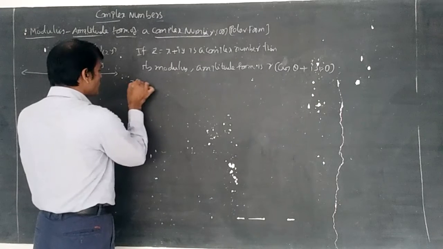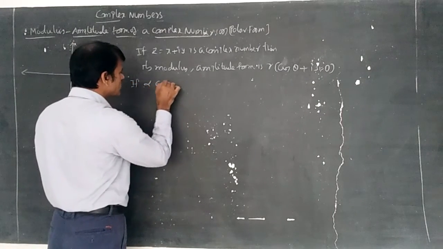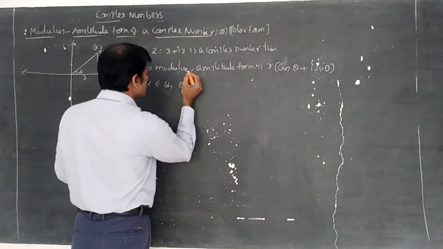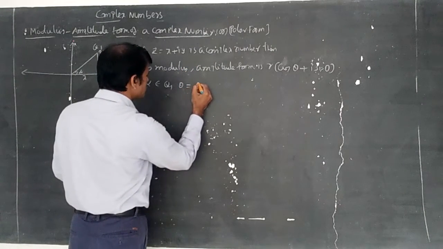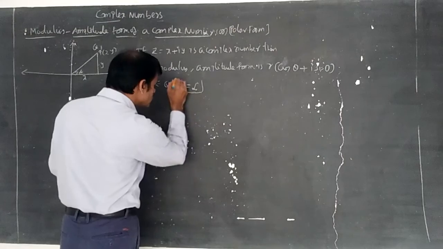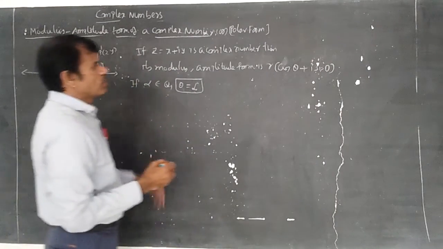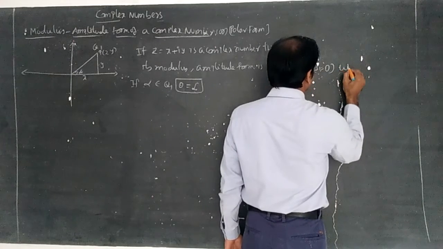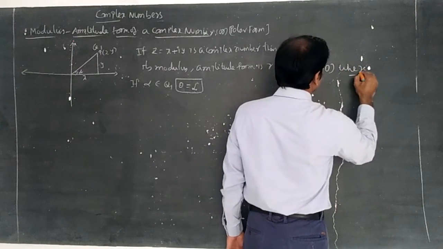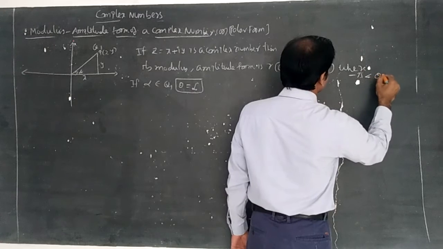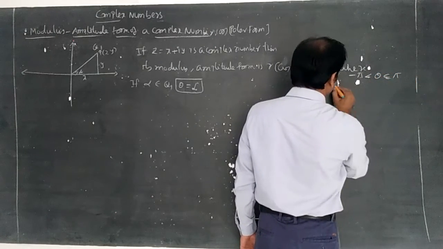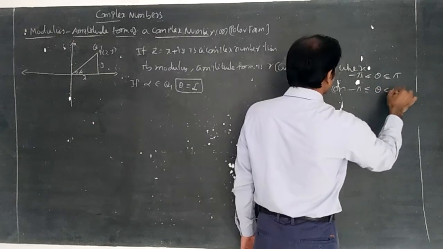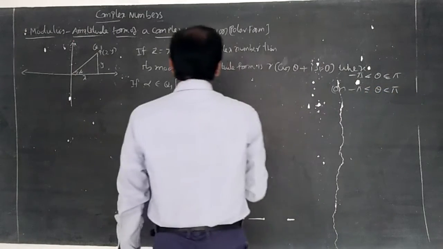If alpha belongs to Q1, theta is equal to alpha. This is the formula. Here you should write where minus pi less than theta less than or equal to pi, or minus pi less than or equal to theta less than pi.